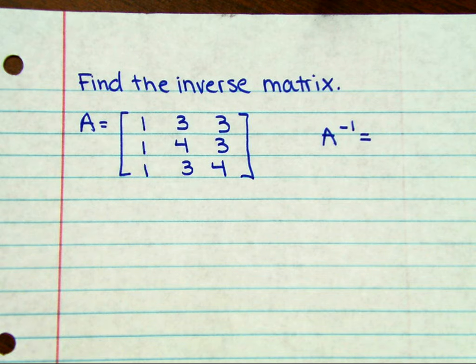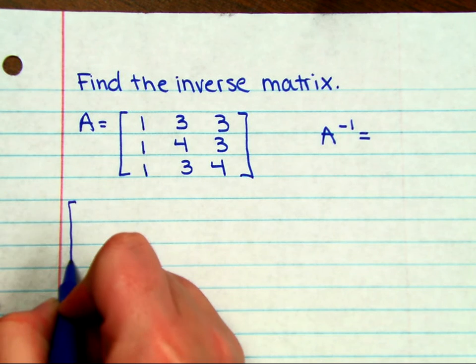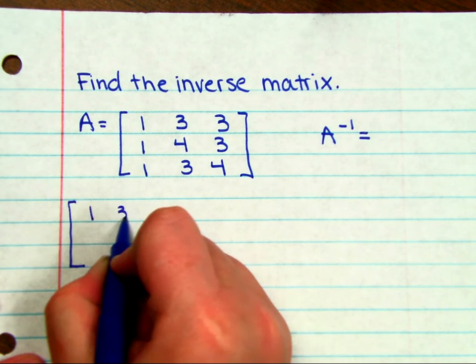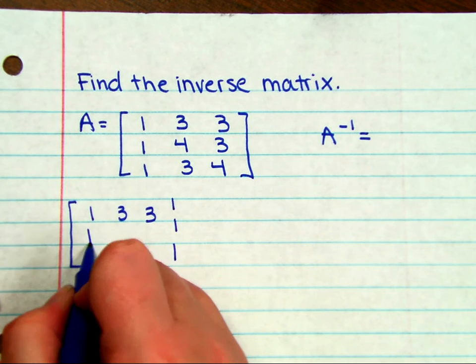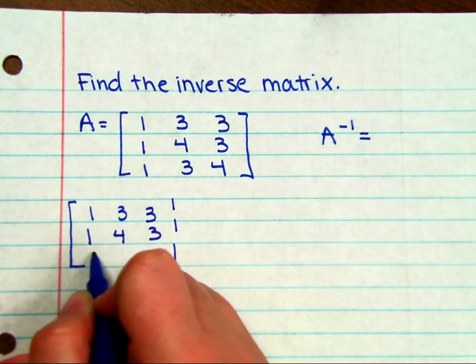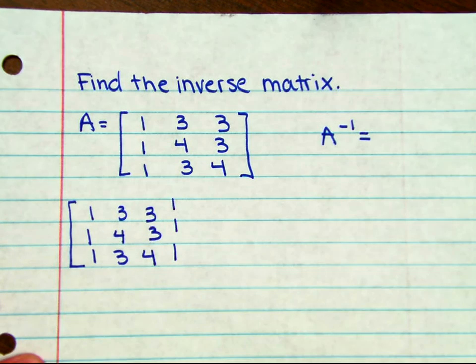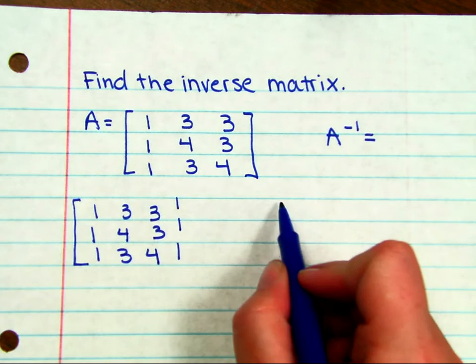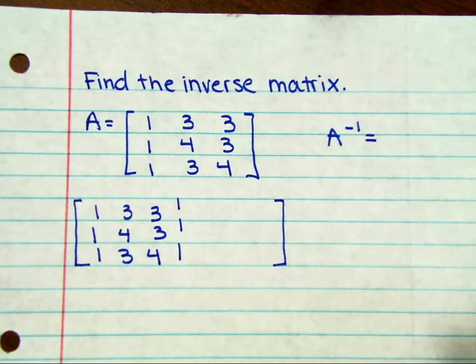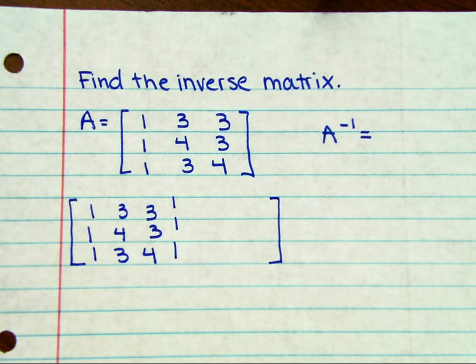The first step here is that I am going to adjoin this matrix, much like you augmented a matrix. So this is matrix A. And then on the right-hand side of my adjoining matrix, I am going to put the identity matrix.